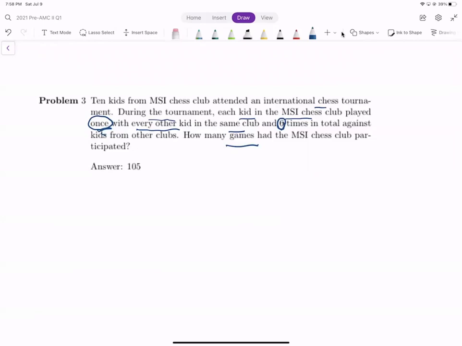All right. Here we have 10 kids, so this is the MSI Chess Club: 1, 2, 3, 4, 5, 6, 7, 8, 9, 10. So what we have is each 2 of them.